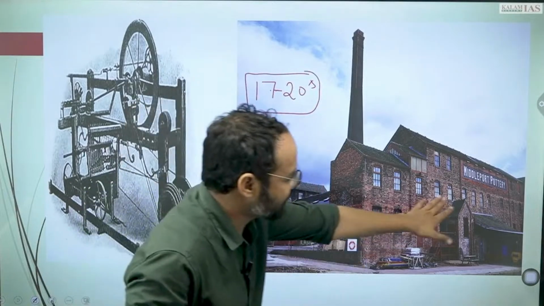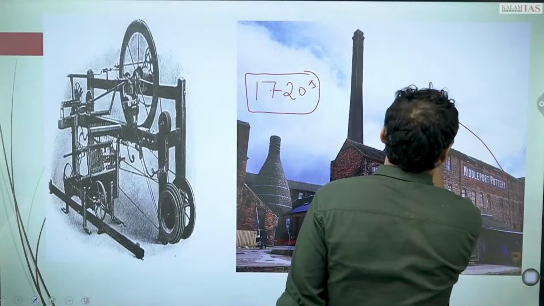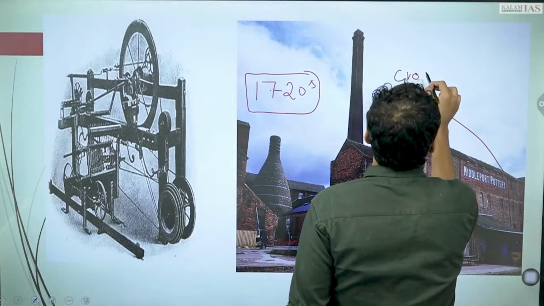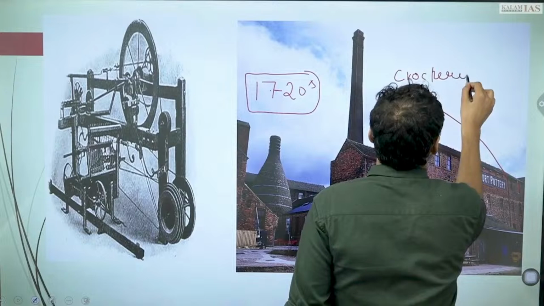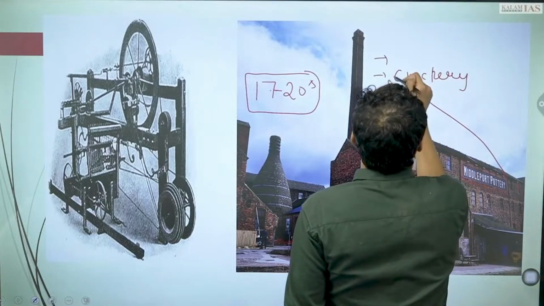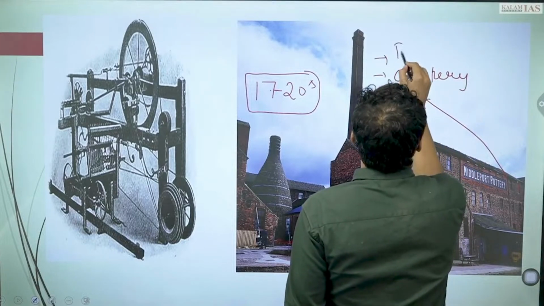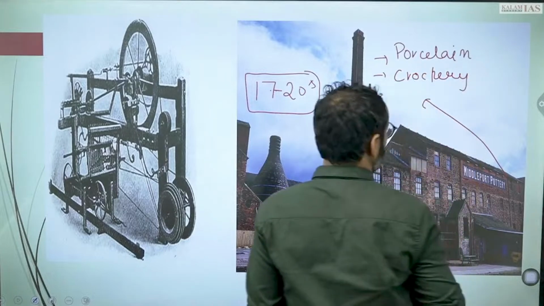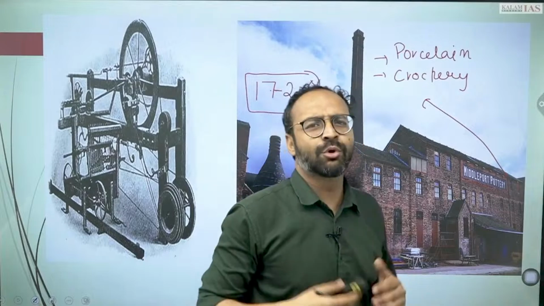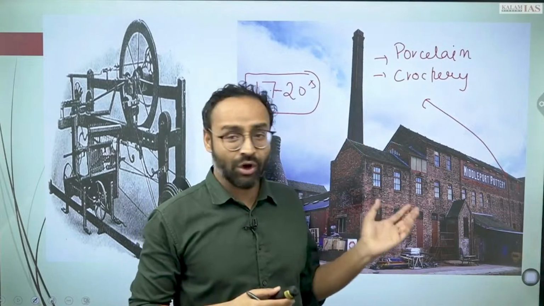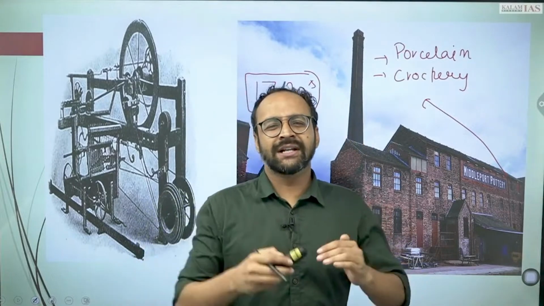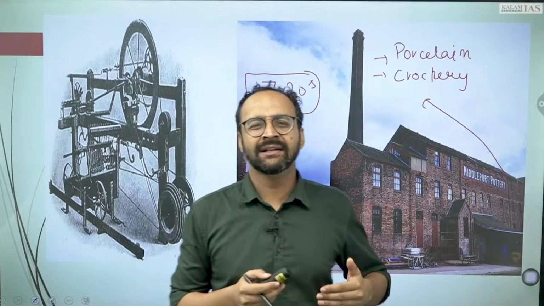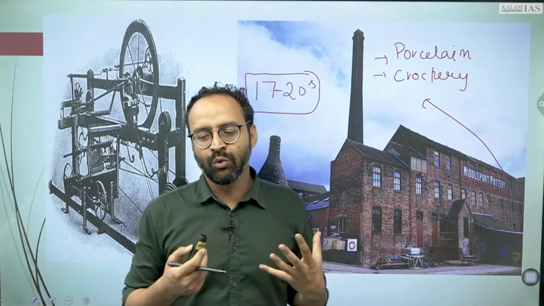So it's pottery. There are certain terms you must know: crockery, porcelain. Potteries, porcelain cloth and crockeries became very important because a rich merchant class, or bourgeoisie, was coming up, which wanted more.